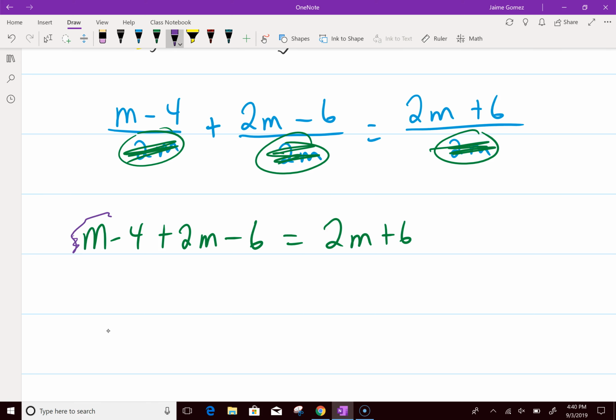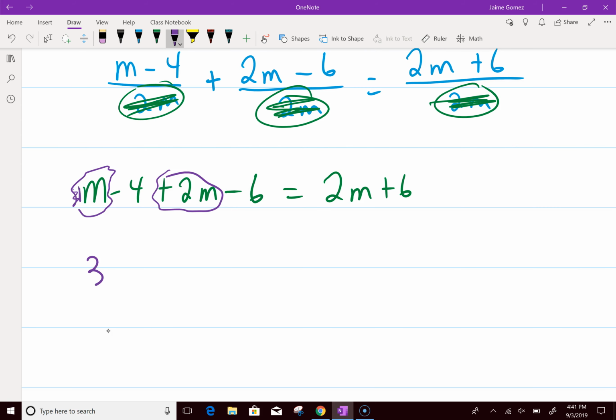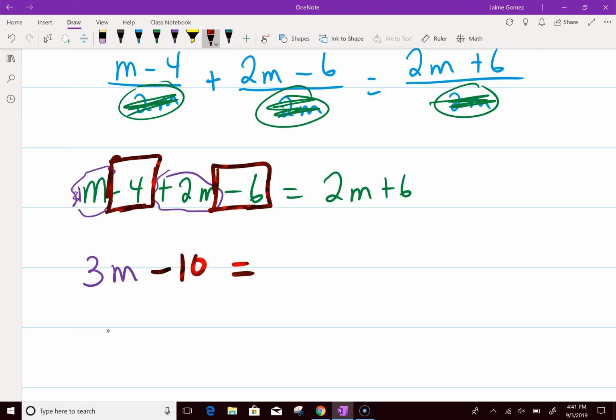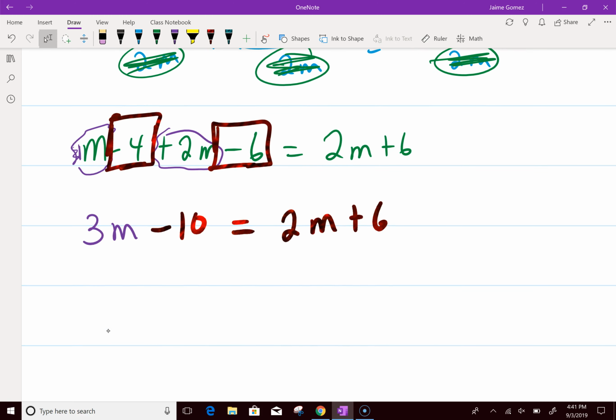I have an m plus 2m. There's a 1 there. 1 plus 2, so now I have 3m. I have negative 4 and negative 6. Negative 4 minus 6, well that's negative 10. Equals 2m plus 6. Now, letters on one side, numbers on the other. Letters with letters, numbers with numbers, right?